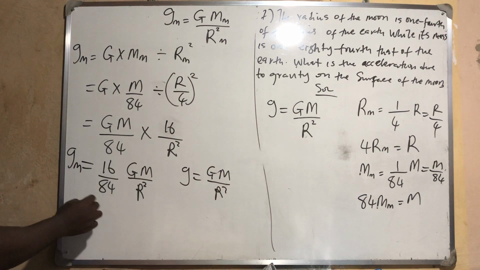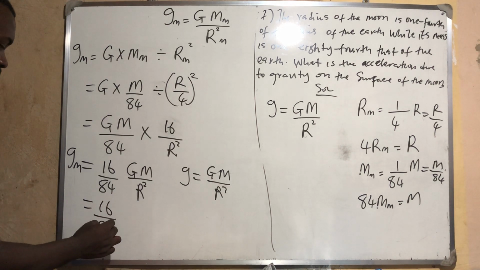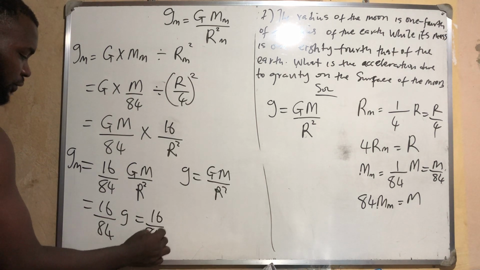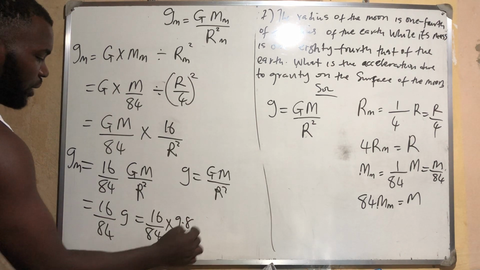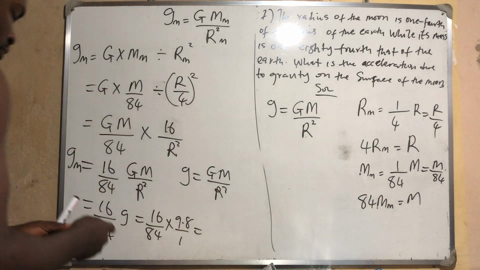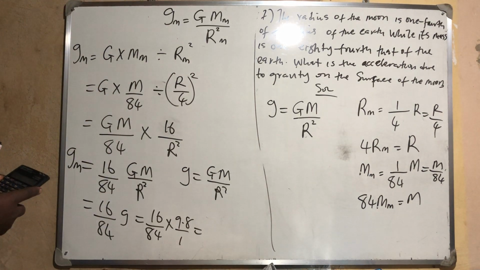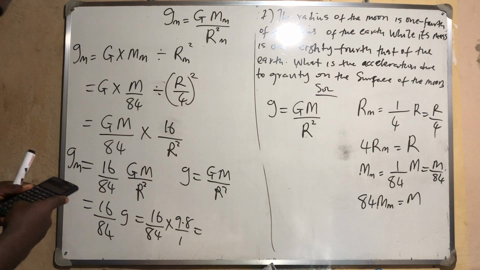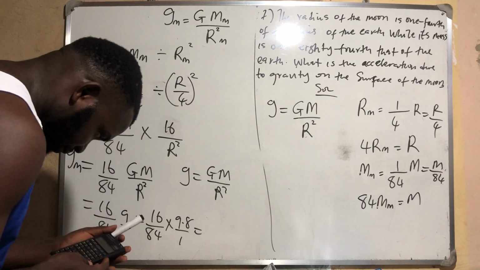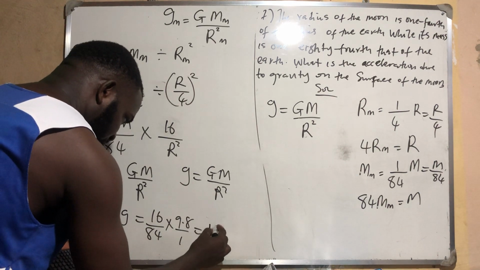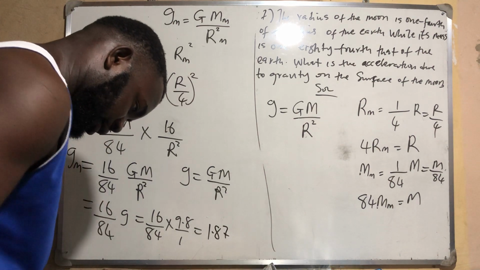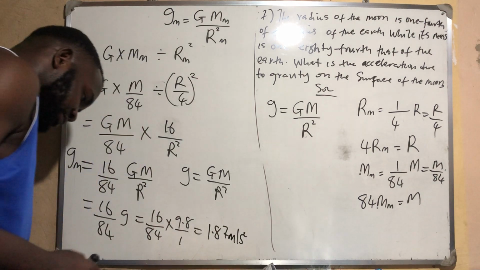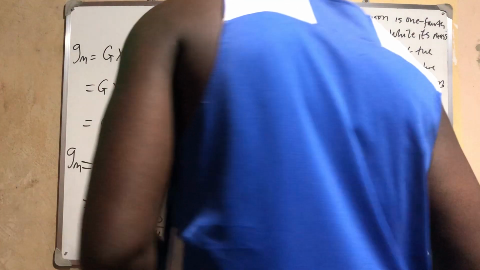So instead of writing this, I will write 16 over 84 times g, which is 16 times 9.8 divided by 84. So the acceleration due to gravity there is 1.87 meters per second squared. So that is that.